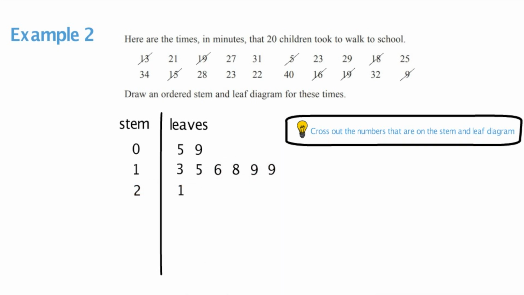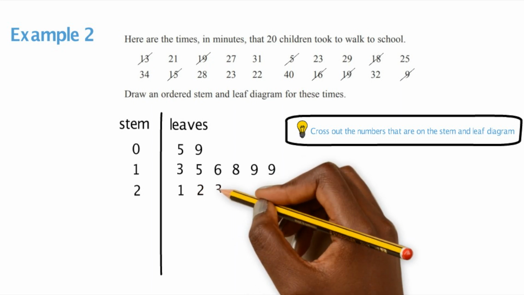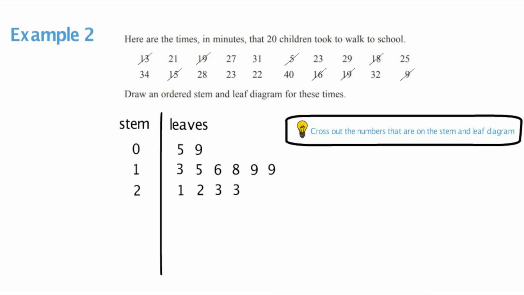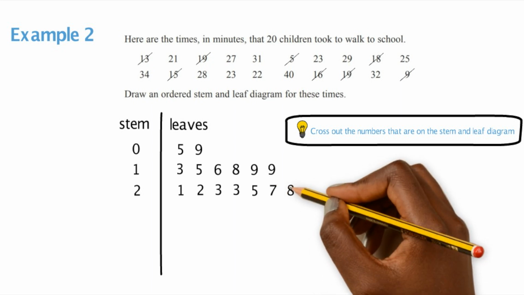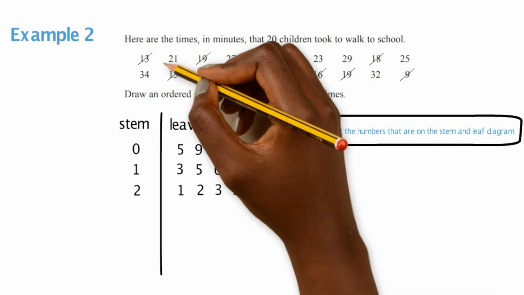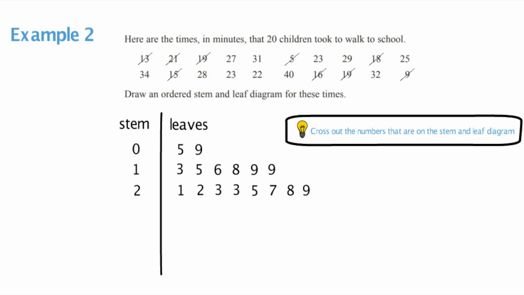Then after our 10s, we're just going to have a look at our 20s. So again, notice how with the 23s, there was 2 lots of 23s, so we would write the 3s twice. And then again, cross them out after we're done.